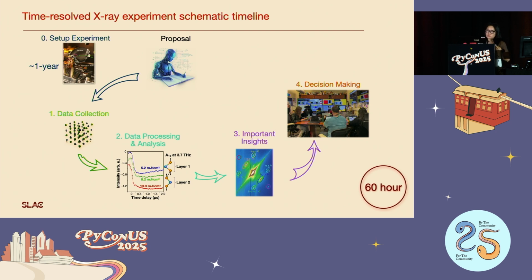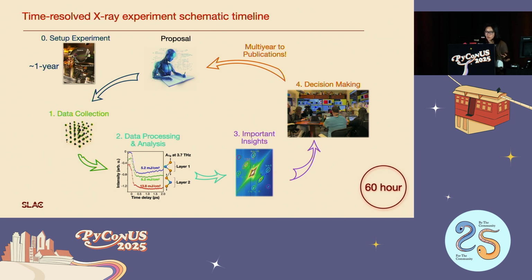We make these decisions very quickly to keep steering the experiment, because each of these is on the order of millions of dollars. And after the experiment, it takes multiple years to lead to publications, going from computation, data processing, data analysis, comparing with theoretical calculations, and then writing up a paper.